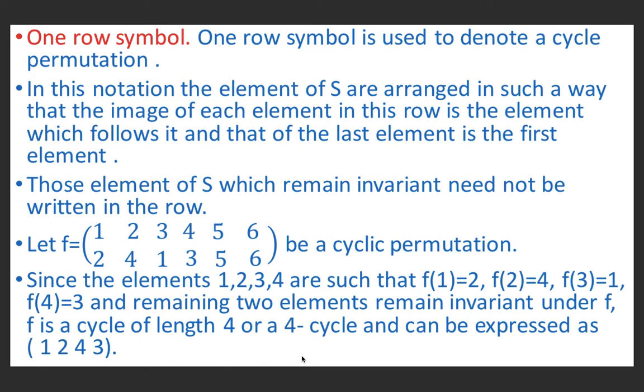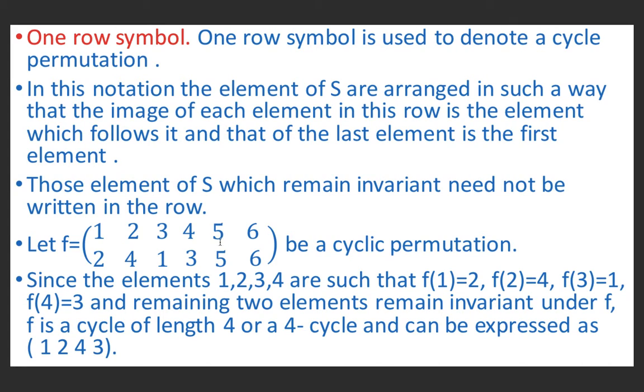Since the images of 1, 2, 3, 4 are such that F(1) is 2, F(2) is 4, F(3) is 1 and F(4) is 3, therefore we may express this cyclic permutation as (1 2 4 3) because image of 1 is 2, image of 2 is 4 and image of 4 is 3.